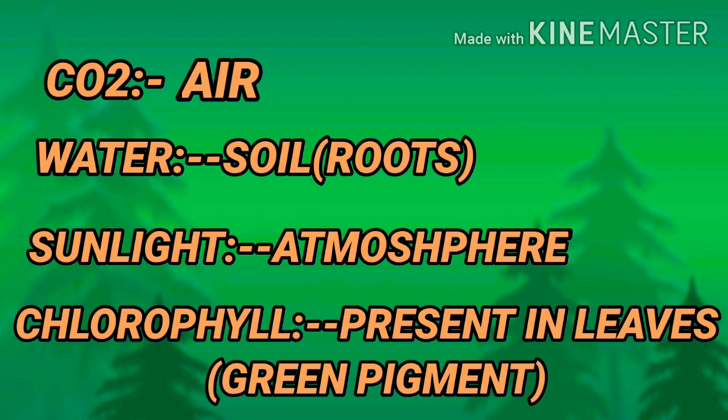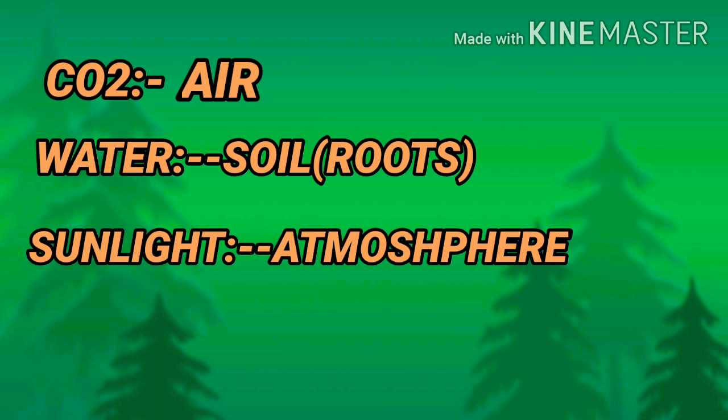We get water from the soil, and the roots absorb that water from the soil and transport it to the leaves. Then sunlight. Sunlight is present in the atmosphere. And chlorophyll. Chlorophyll is a green pigment present in leaves which gives green color to the plant, and it also helps in absorbing sunlight.